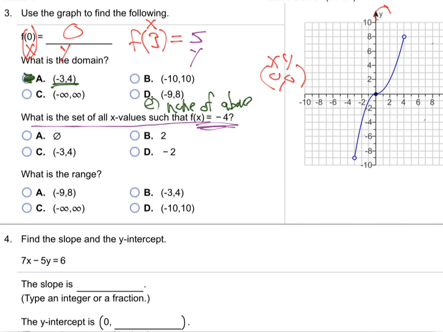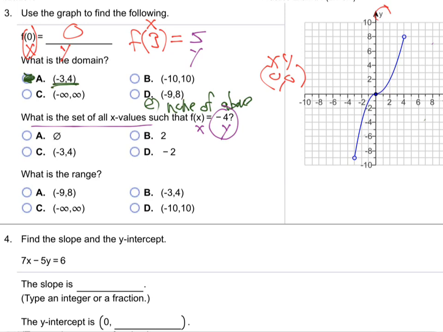So it's all about speaking their language. It's kind of a weird language. Let me help you. Remember the key to speaking their language: what's in the parentheses is x, what it equals is y. So they're basically saying, go to the graph and find the dot on the graph that has a y value of -4. Do you see that dot?